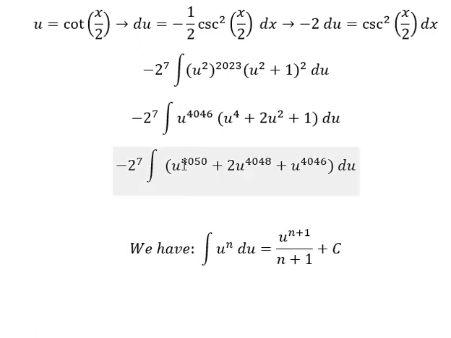So we put the power up by one, and now we have it like this.